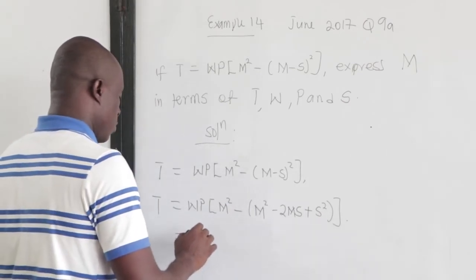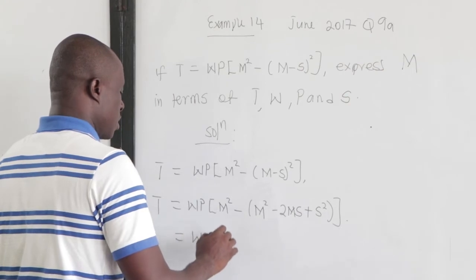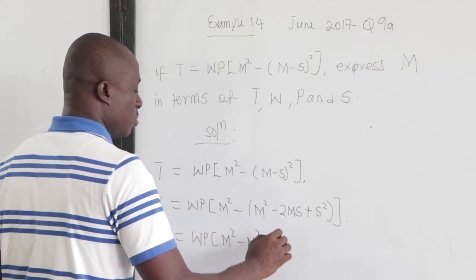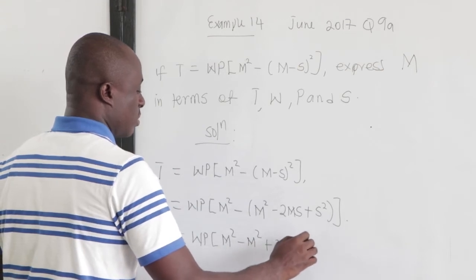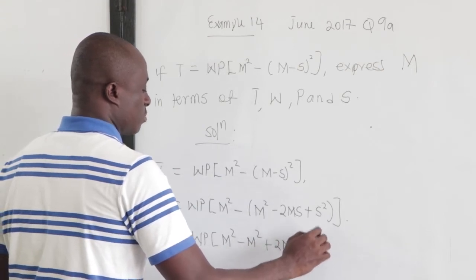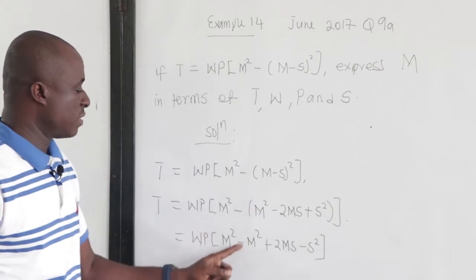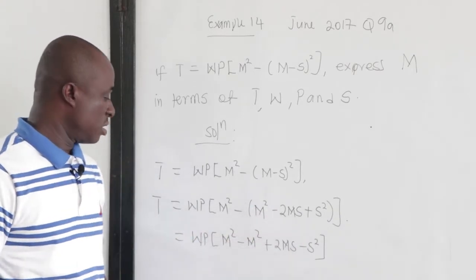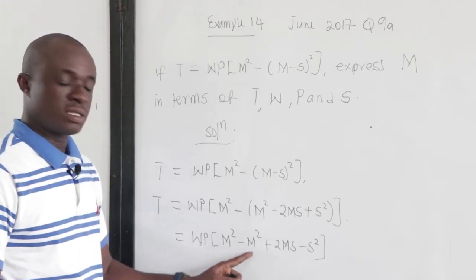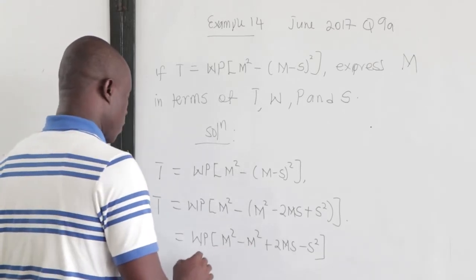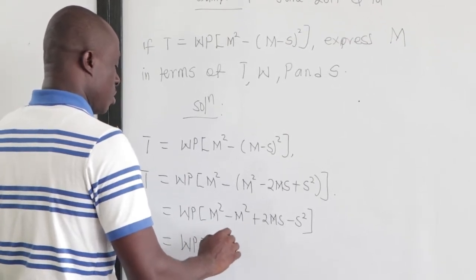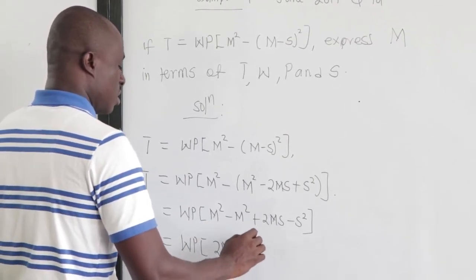So we have WP into bracket M squared minus M squared plus 2MS minus S squared. Negative times positive, that's negative. Negative times negative, that's positive. Negative times positive, that's negative. What can we see? This and this cancel out. So we have WP into 2MS minus S squared.